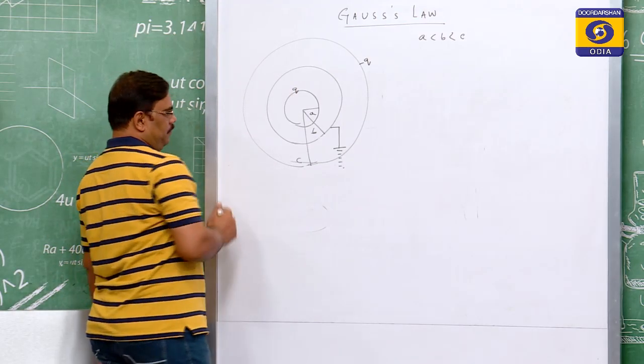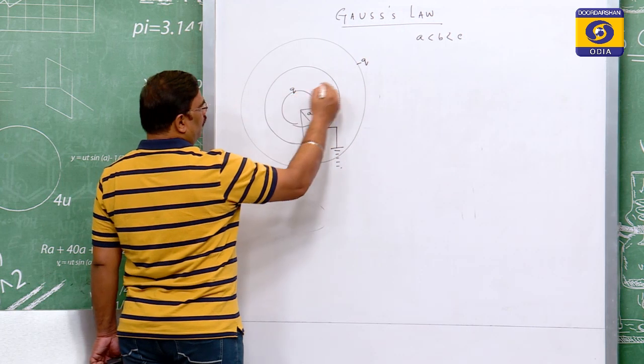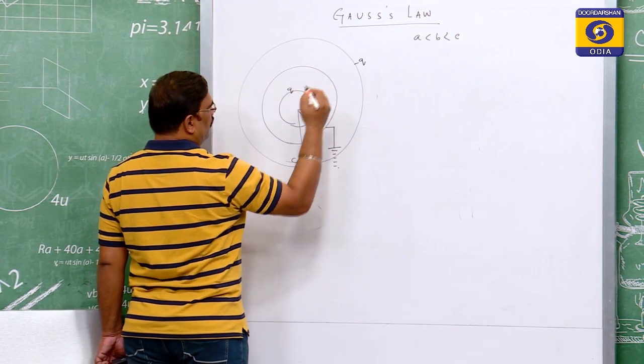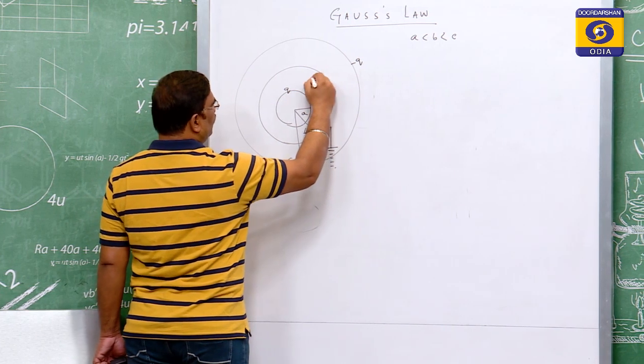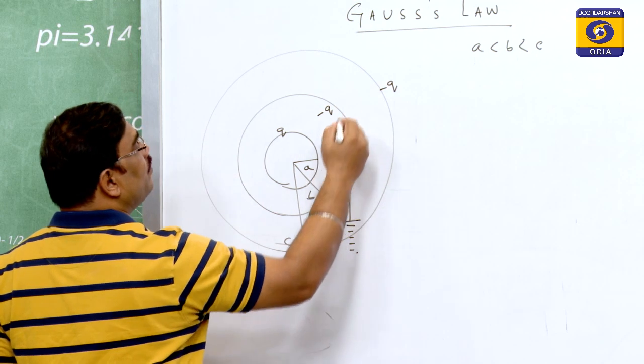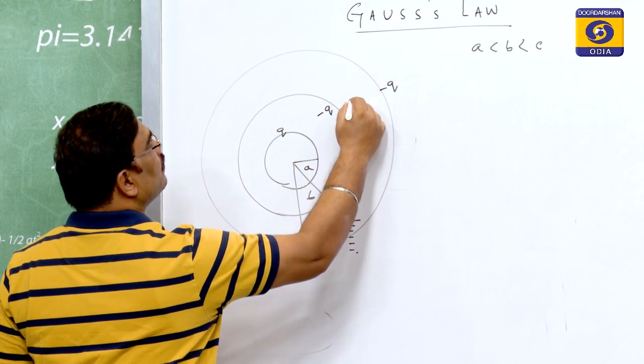So, let the charge developed on the inner face of radius B be minus Q, and on the outer face of radius B suppose Q dash.